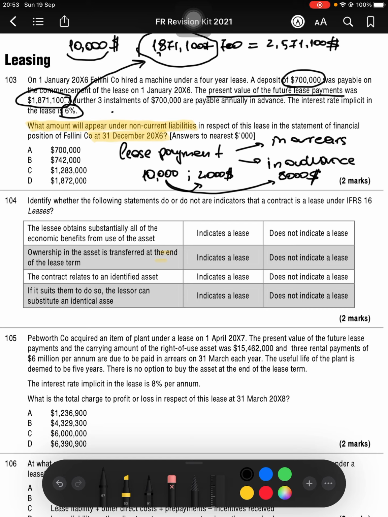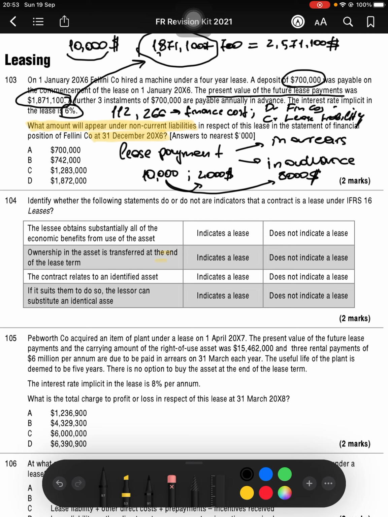This gives us 112,266. This is our finance cost, okay? And what is the record of this amount? This is debit finance cost, and credit lease liabilities. This is our record for lease liabilities as at the year end, when we are calculating our finance cost based on the effective interest rate.